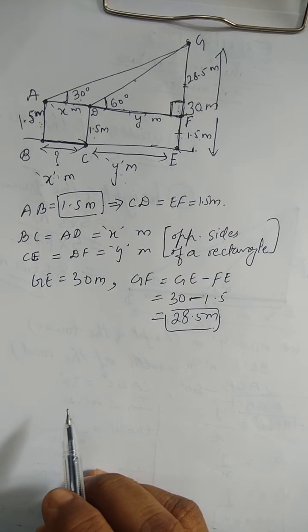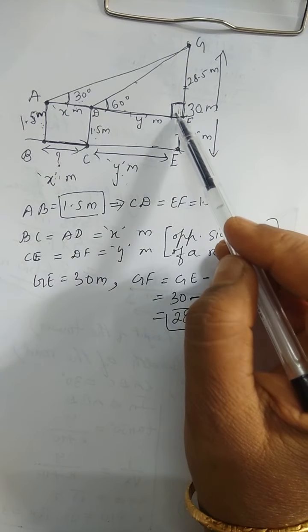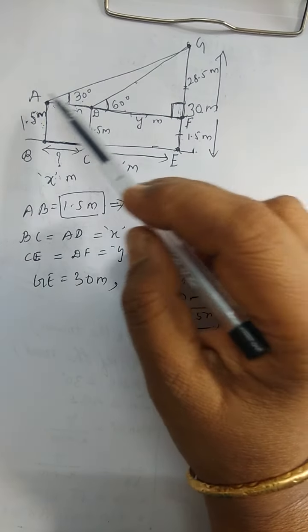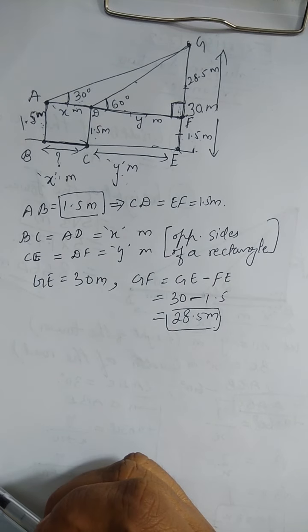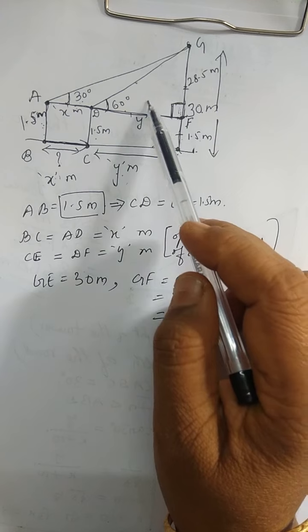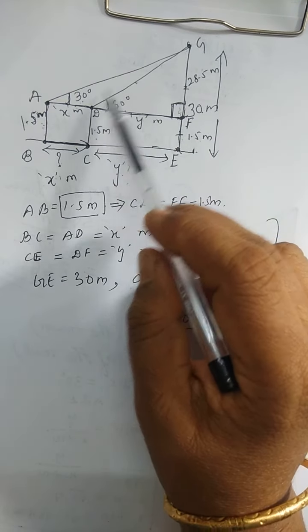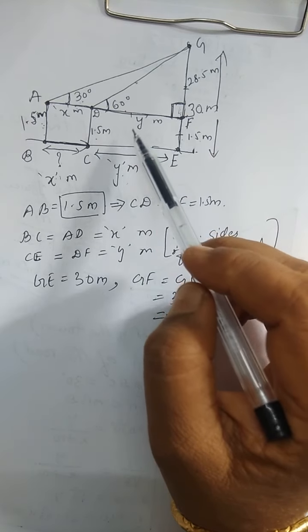Now here two triangles are there. Can you observe two right angle triangles? Here is one right angle triangle and this is one more. In the first right angle triangle use the tan ratio, because for 60 degrees the opposite and adjacent sides are given.